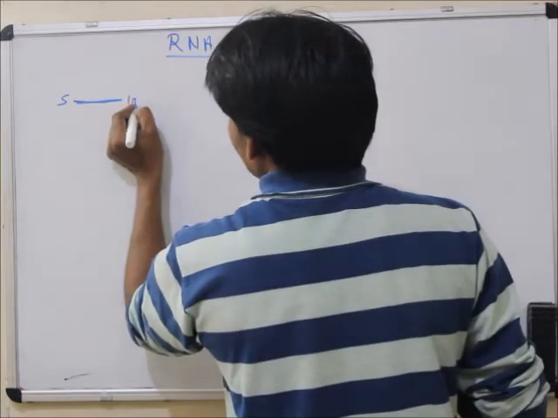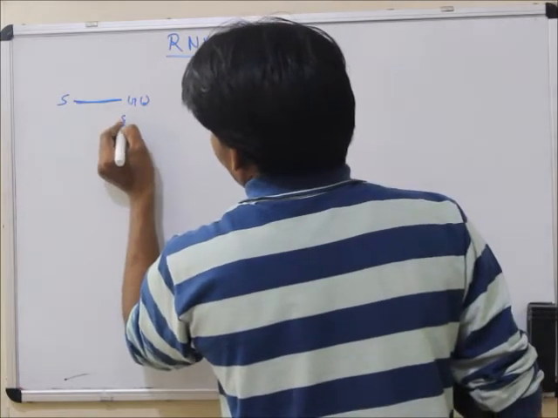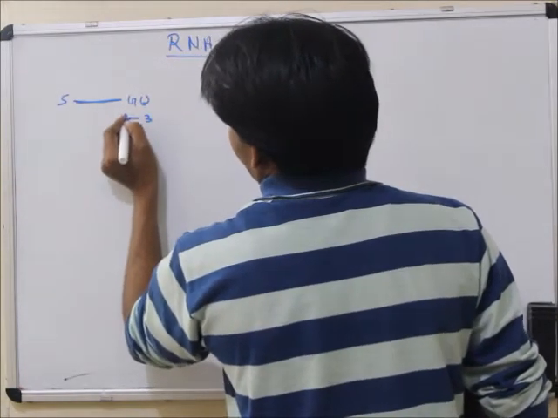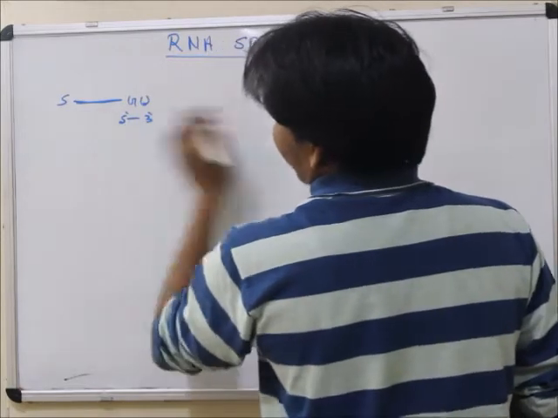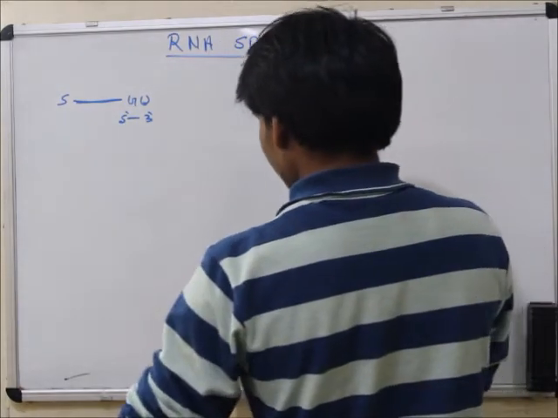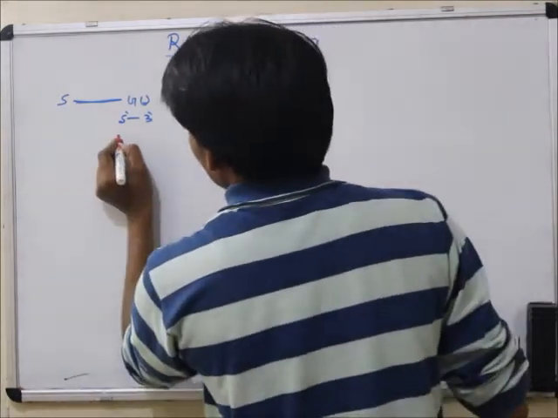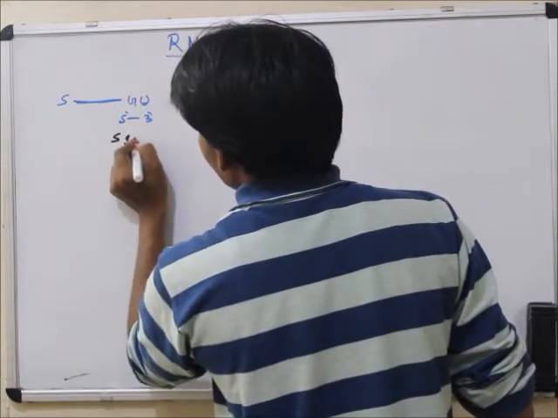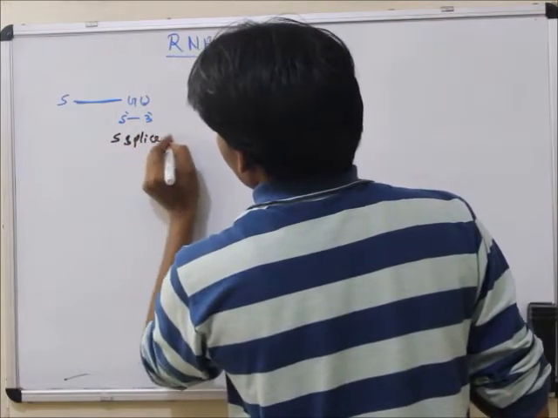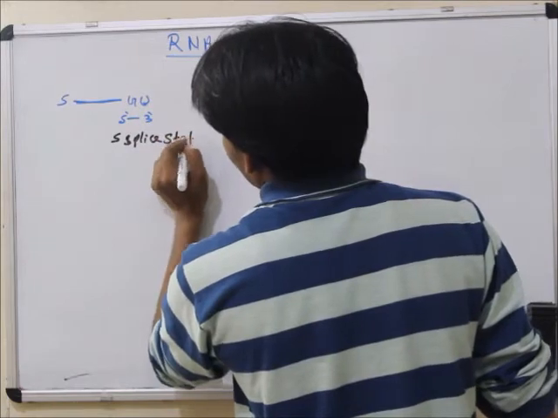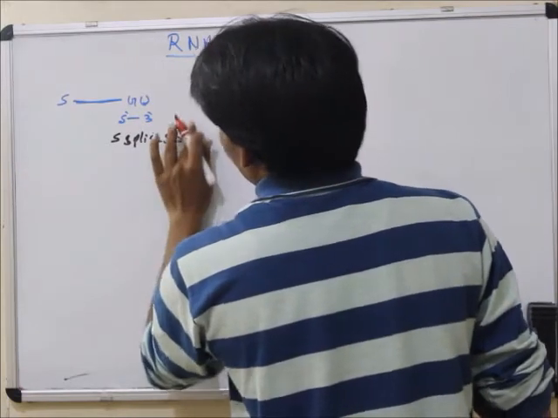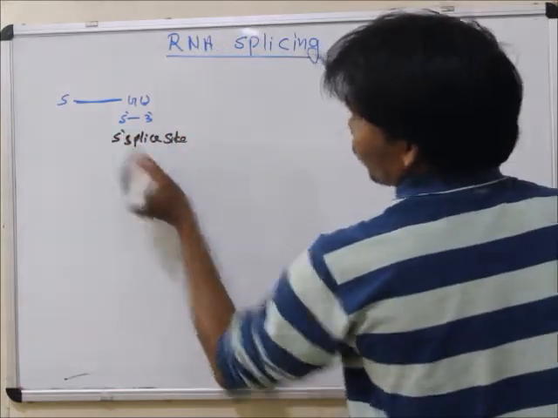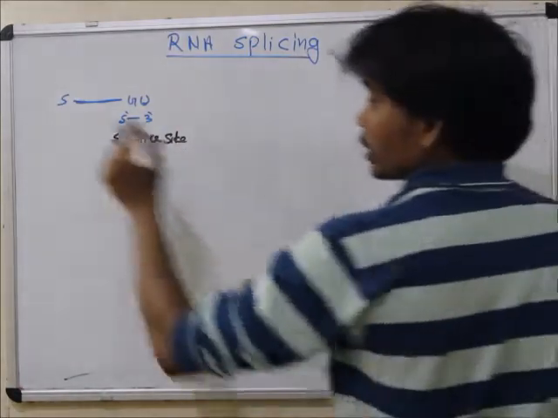The GU sequence is conserved, running 5' to 3', and this is also called the 5' splice site. This is the pre-mRNA.